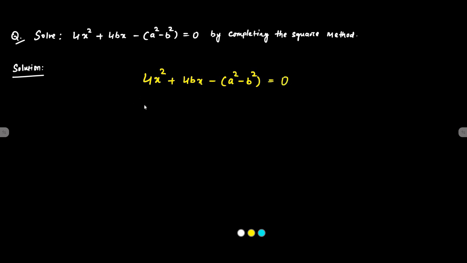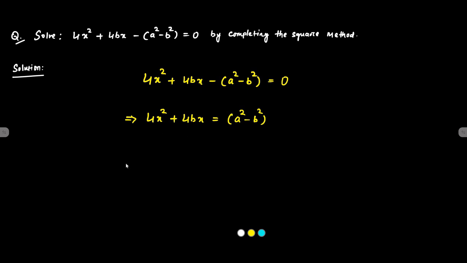Now same approach here, we will take this minus a square minus b square part to the right hand side. So it will become 4x square plus 4bx is equal to a square minus b square. Here it was minus, here it is plus. Now this portion again we have to convert into a plus b whole square format.